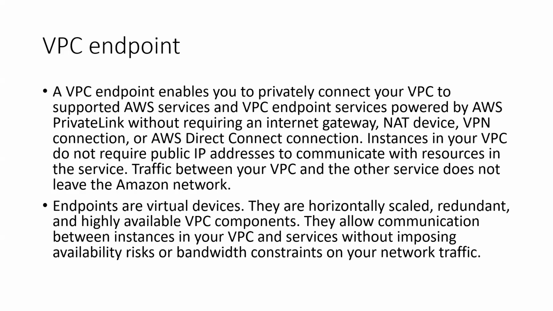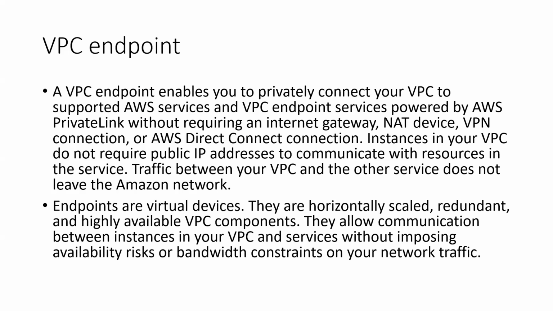The other one is without needing your NAT instance, NAT gateway, VPN, Direct Connect, any of these solutions, as long as your services are some of the AWS services. AWS only supports certain services like S3 or DynamoDB.